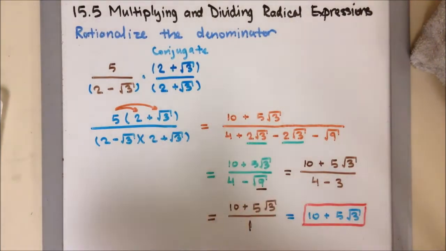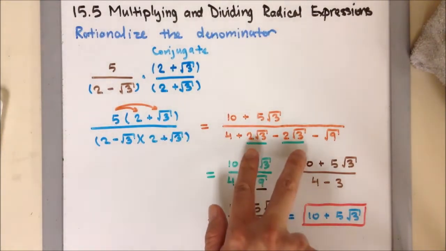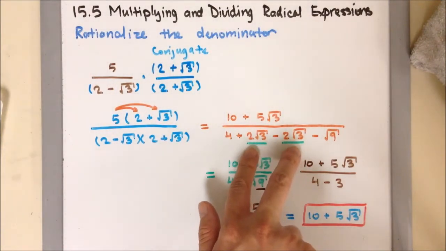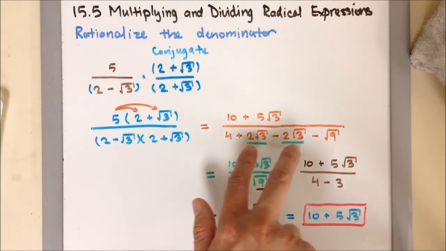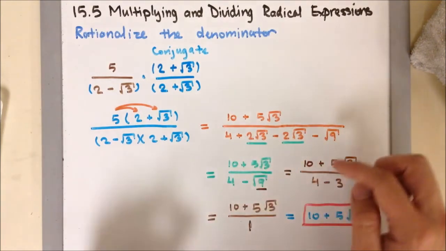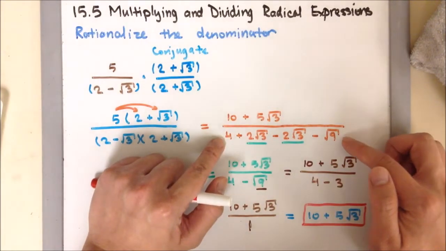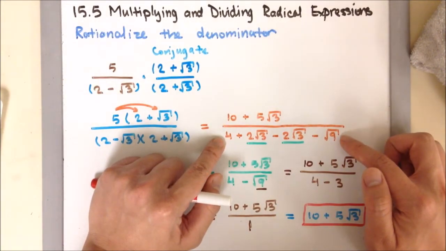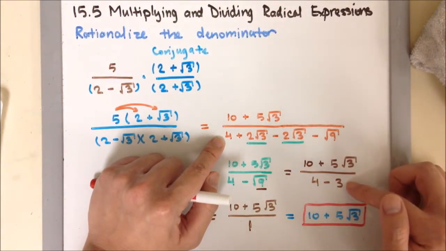And again, the reason you multiply by the conjugate, meaning the opposite sign, is because you're going to have two terms in the middle with opposite signs. Therefore, they're going to cancel out, and you're going to be left with the first term and the last term, and the last term should always be able to do the square root of. In this case, you can do the square root of 9, which became 3.